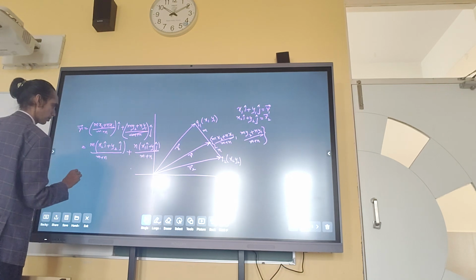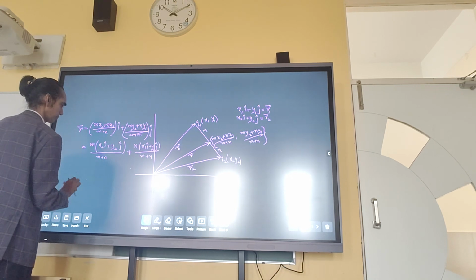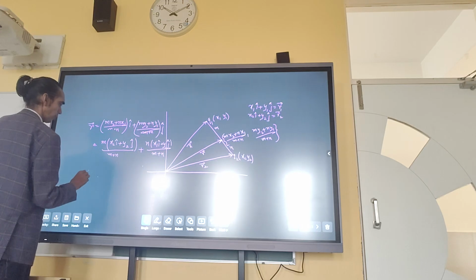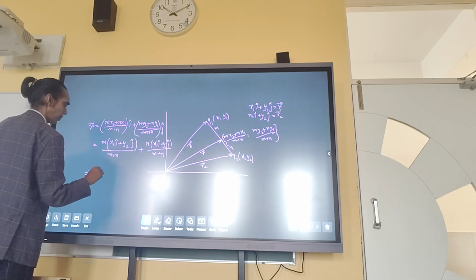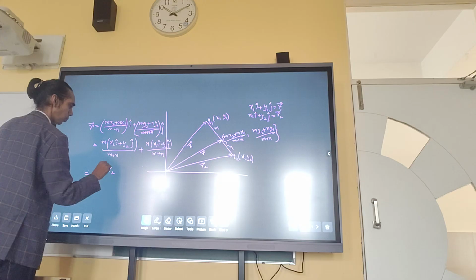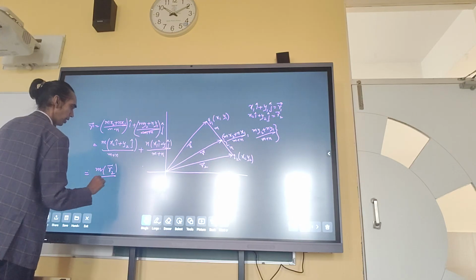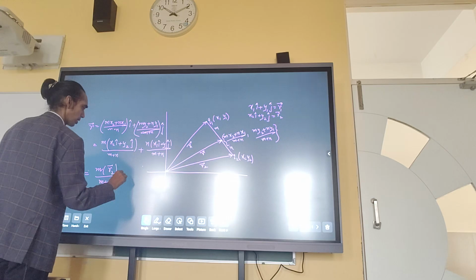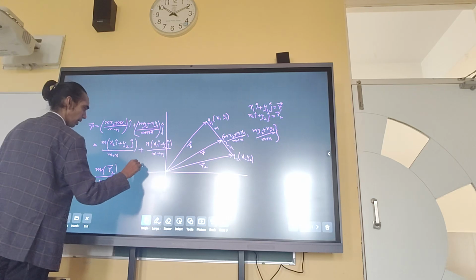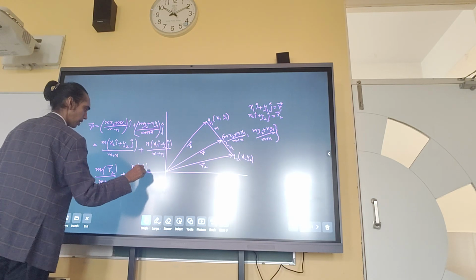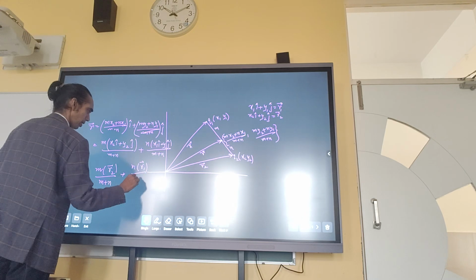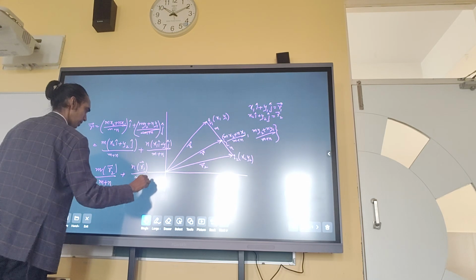First one is m R2 divided by m plus n, and the second one is n R1 divided by m plus n.